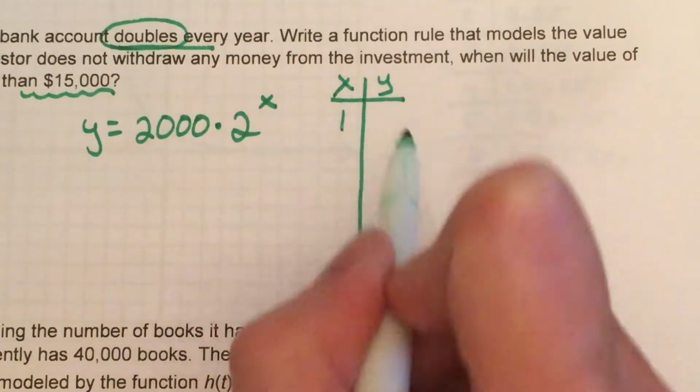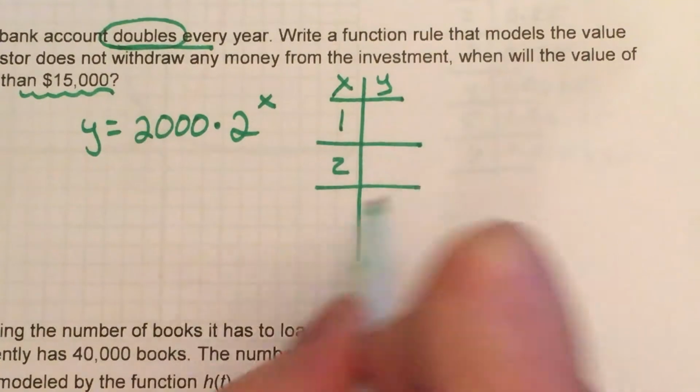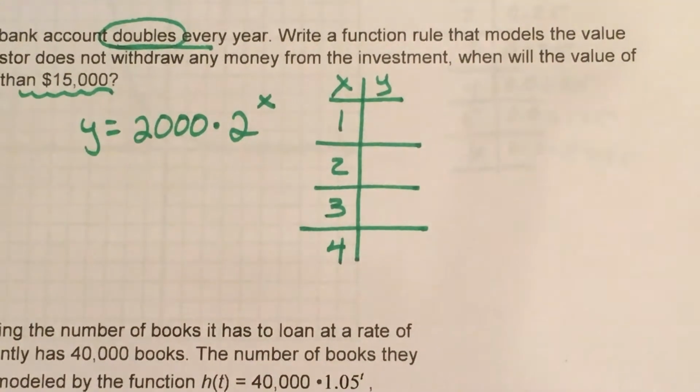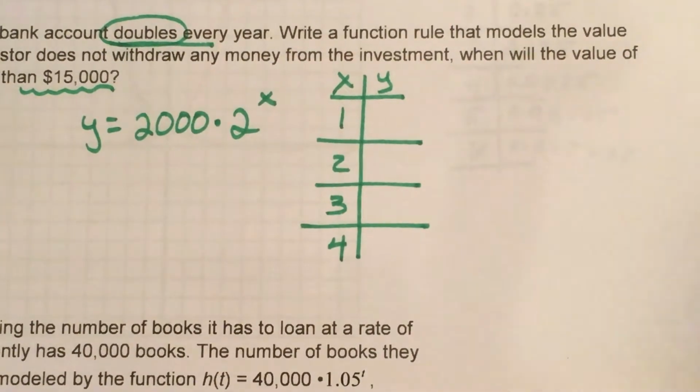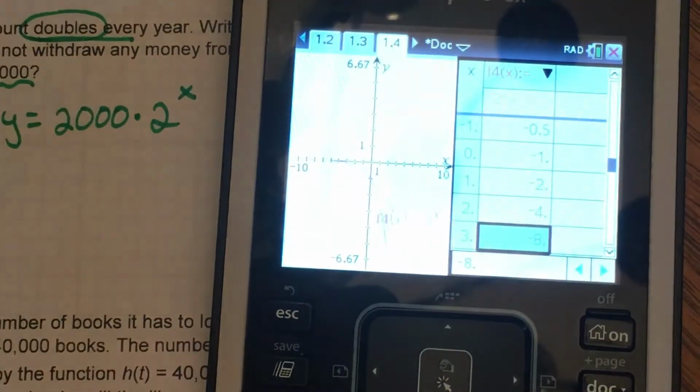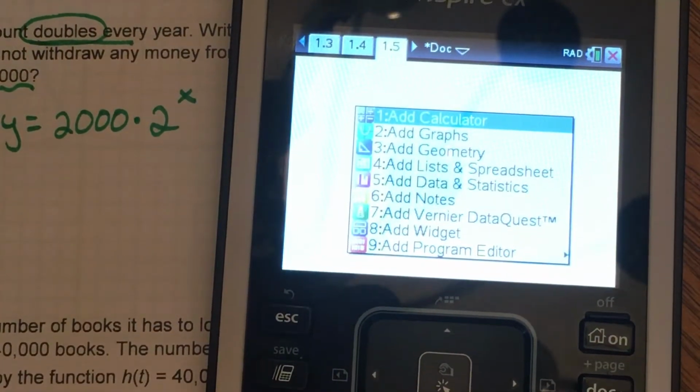So 1 year, 2 years, 3 years, 4 years. Let's see what we get. Got your calculator handy? Control Doc.